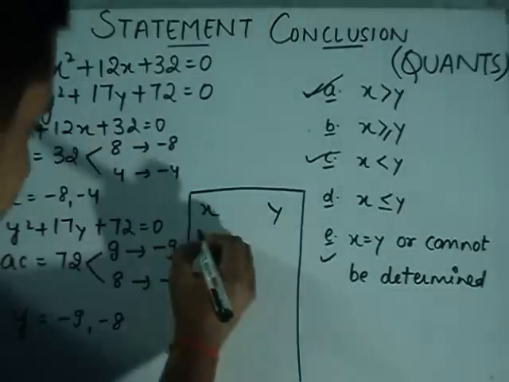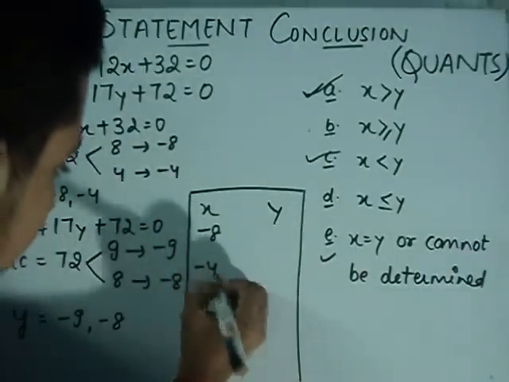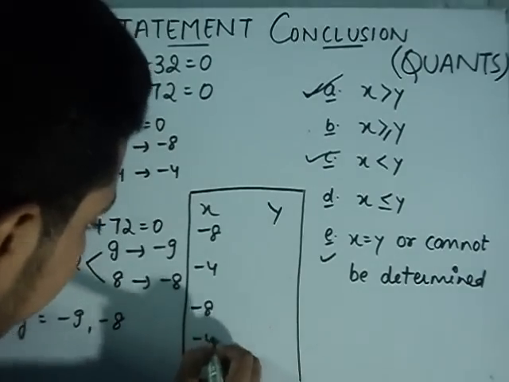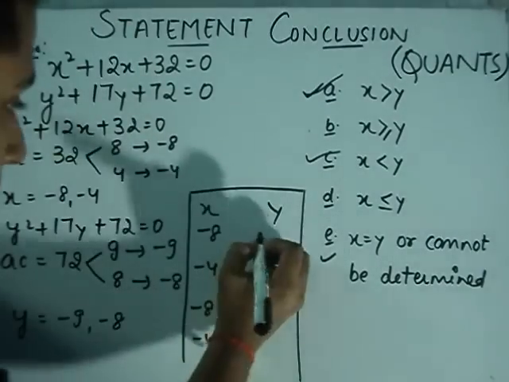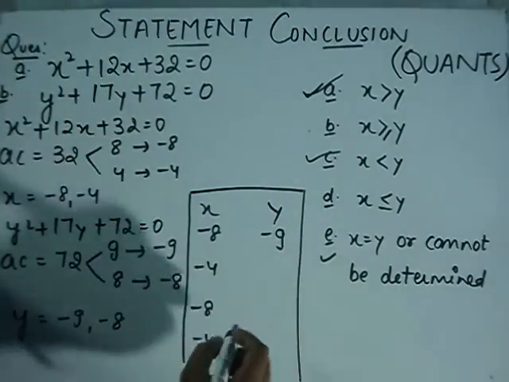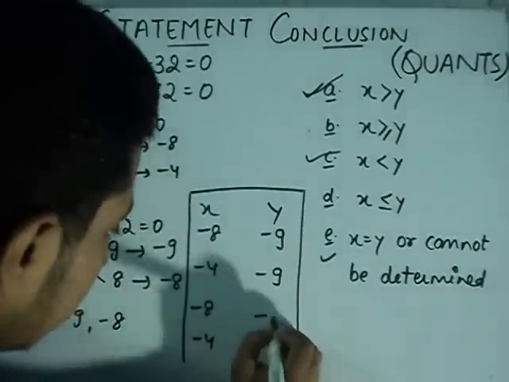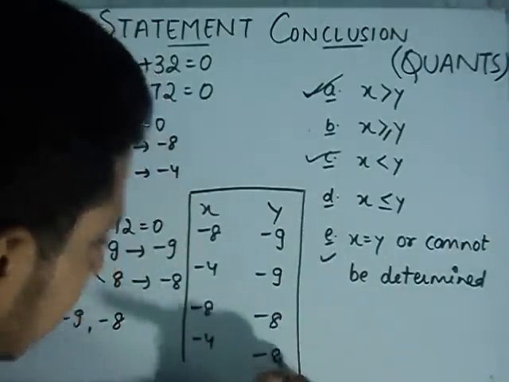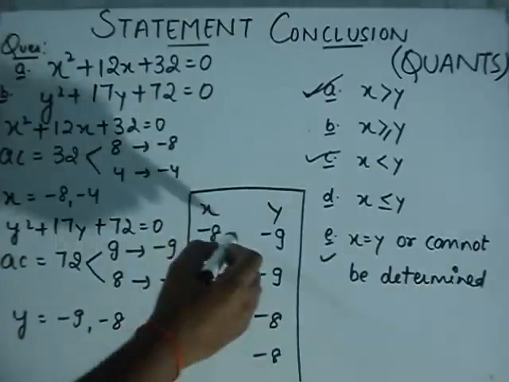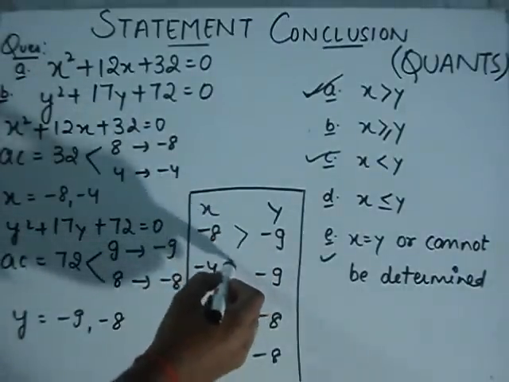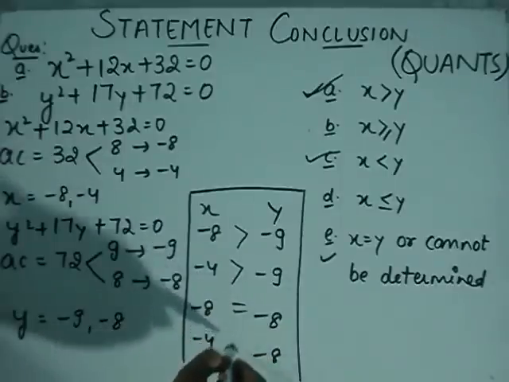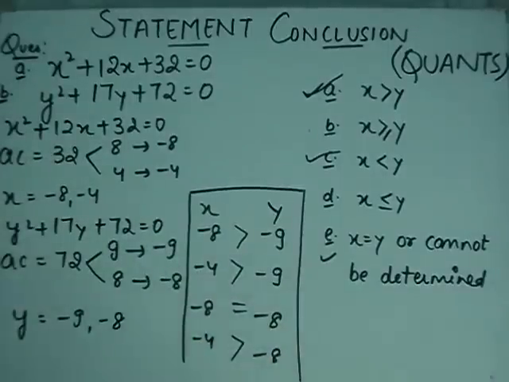So now I am creating a table: -8, -4, -8 and -4. The corresponding values are -9, -9, -8 and -8. In this case it is greater than this, in this case it is greater than this, it is equal to this, and in this case it is greater than this. It is clearly visible that it's a direct conclusion.